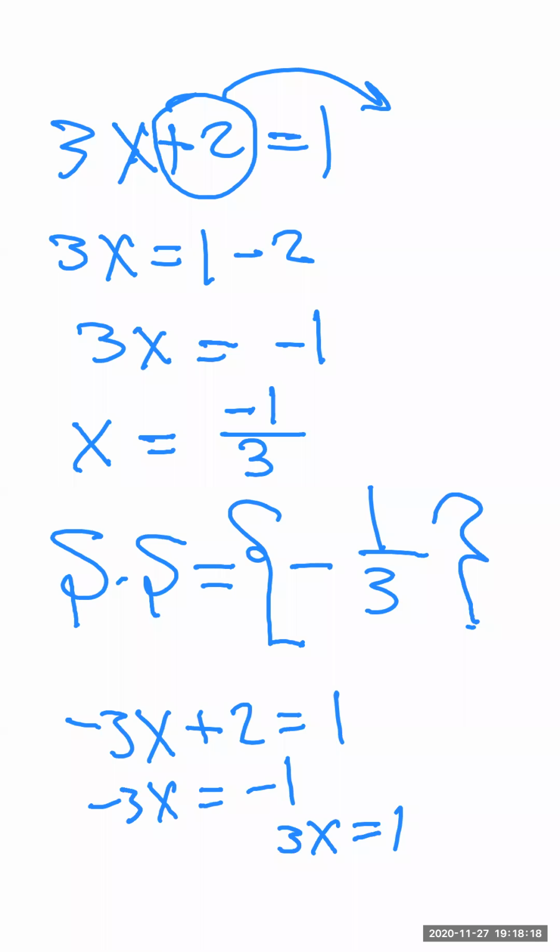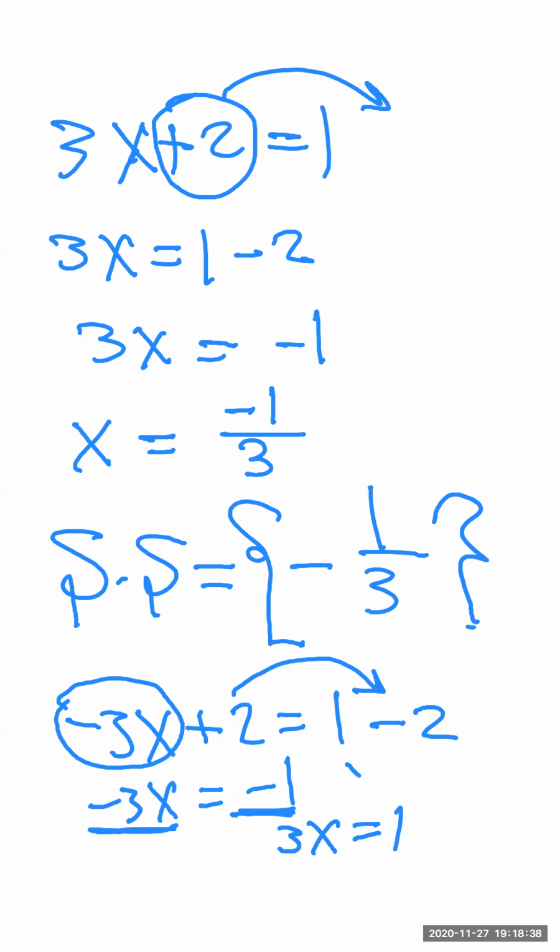How did we put away the negative on the left side and the negative on the right side? This one is negative 3x plus 2 equals 1. So positive 2 goes to the other side as negative 2. So negative 3x now equals negative 1. Divide the two sides by negative 1.